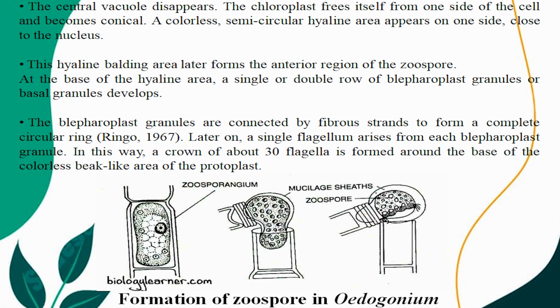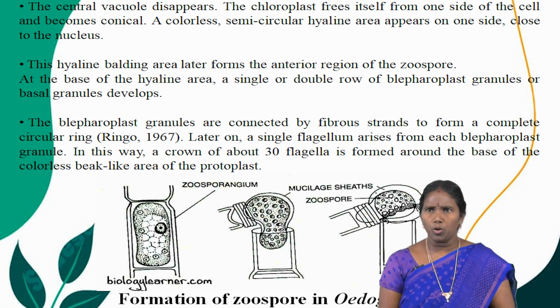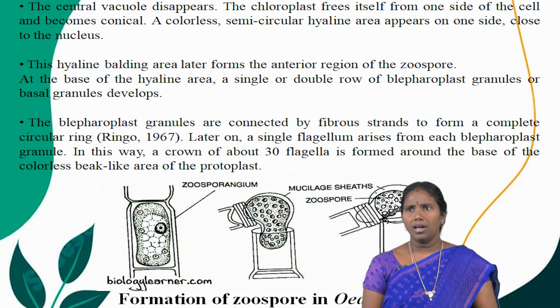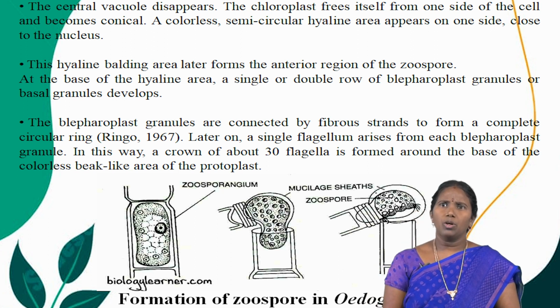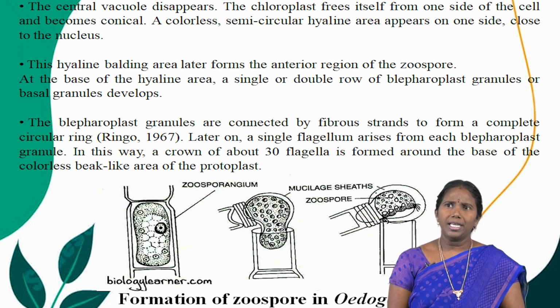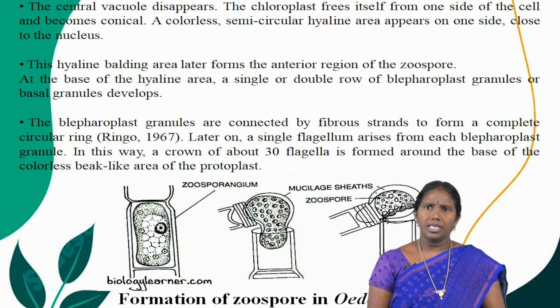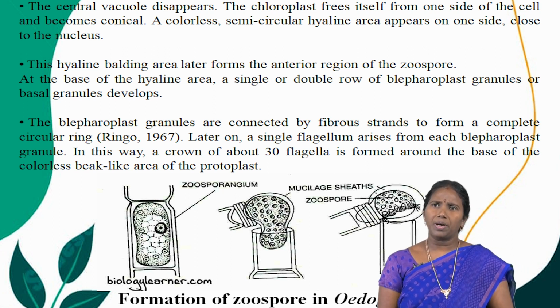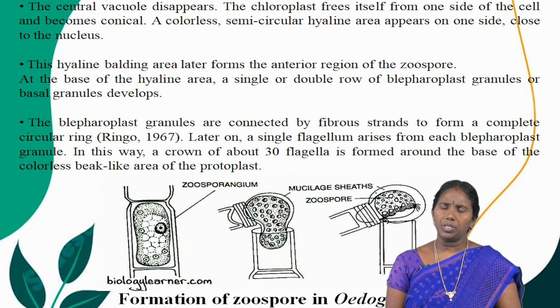This slide shows the formation of zoospore in Oedogonium. The central vacuole disappears, and the chloroplast frees itself from one side of the cell and becomes conical. A colorless semicircular hyaline area appears on the side close to the nucleus. This hyaline area later forms the anterior region of the zoospore.